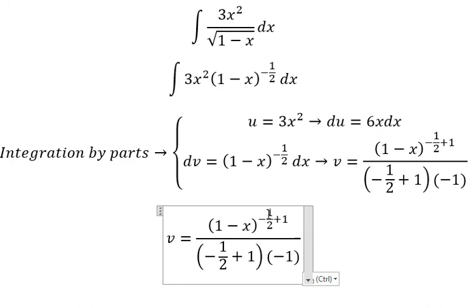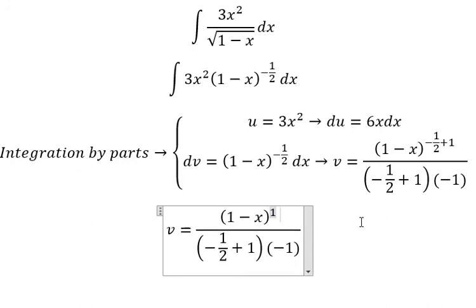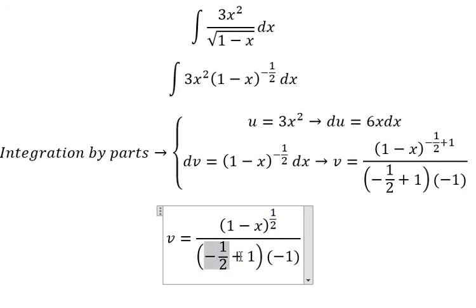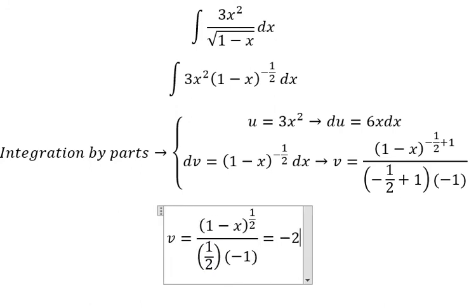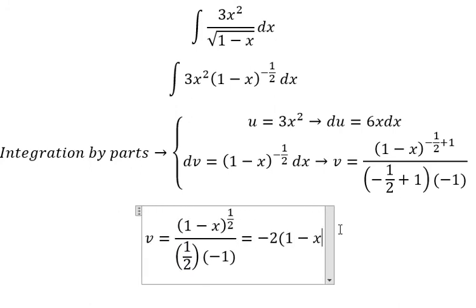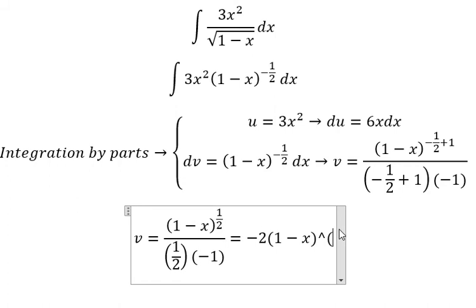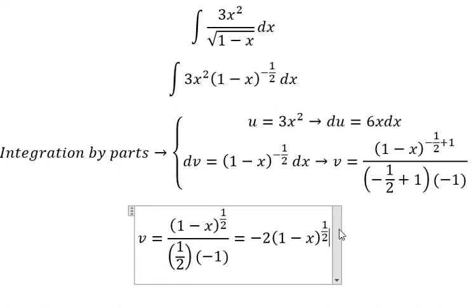Negative 1 over 2 plus 1, you get 1 over 2. And we have negative and 1 over 2. We can change it into negative 2, 1 minus s to the power of 1 over 2. And now I will put this one in here.